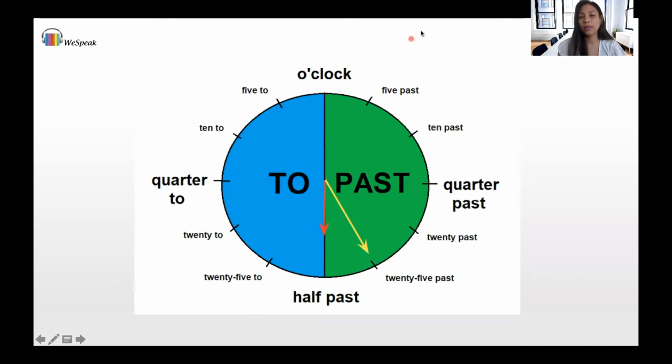So one more time, let's count the minutes. 5, 10, 15, 20, 25. It's 25 past 6. We can also say it's 5:25.